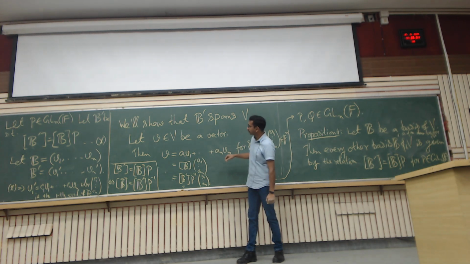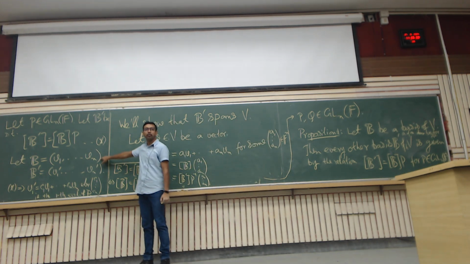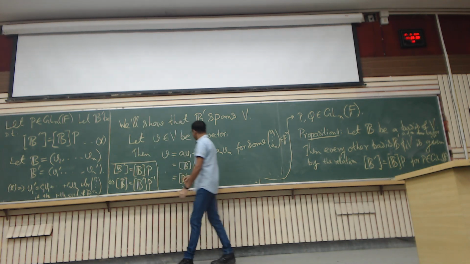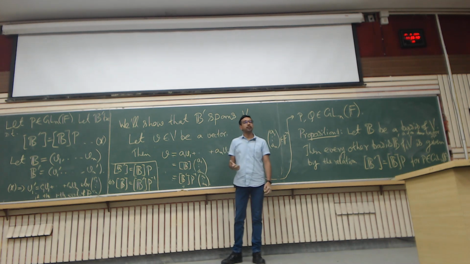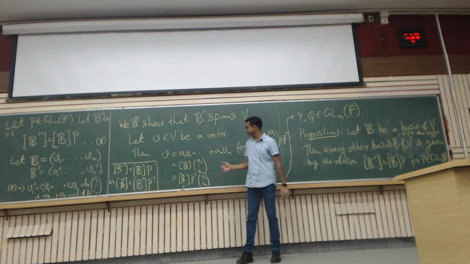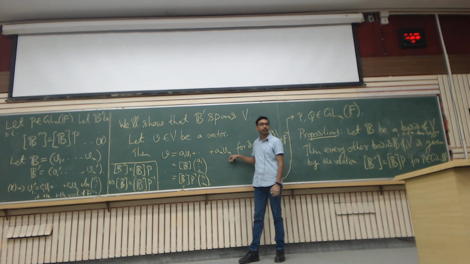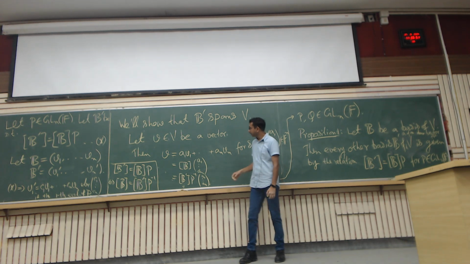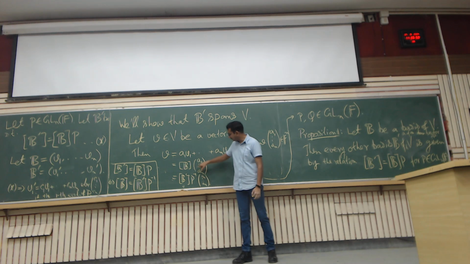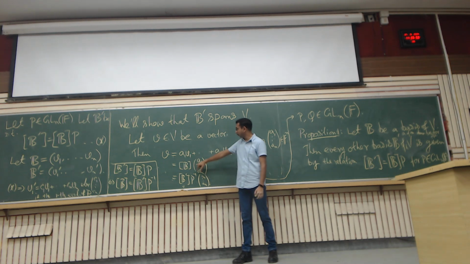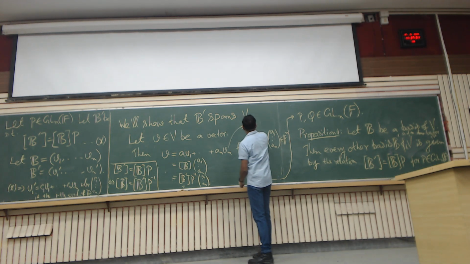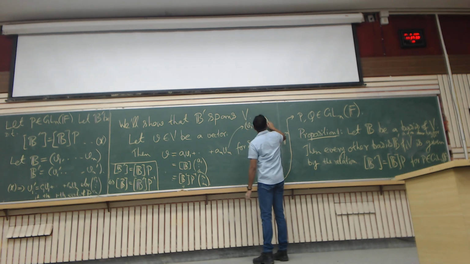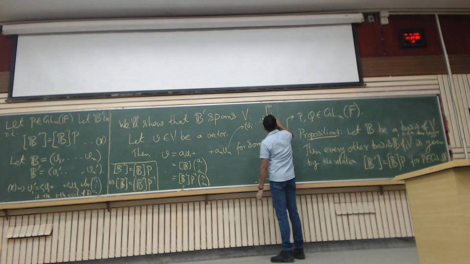This is a unique linear combination. And then you are writing it in this manner, that is, what we wrote here. This is nothing but writing it as the row of vectors v1, v2 to vn times a1 dot dot dot an.